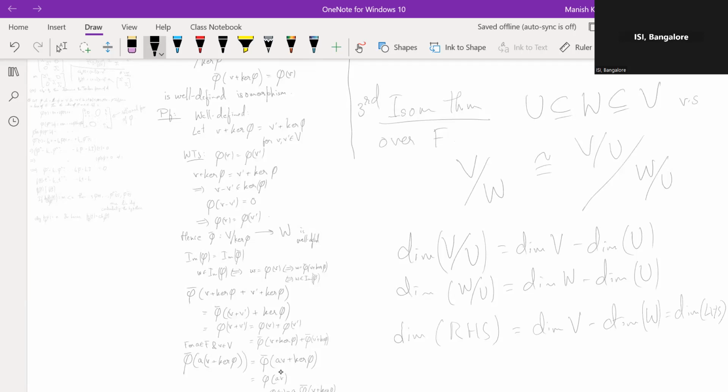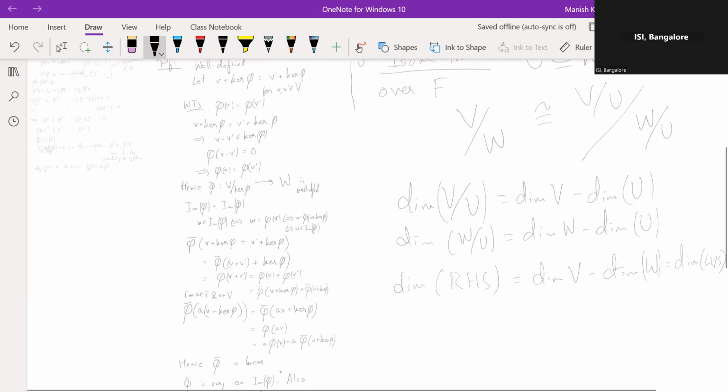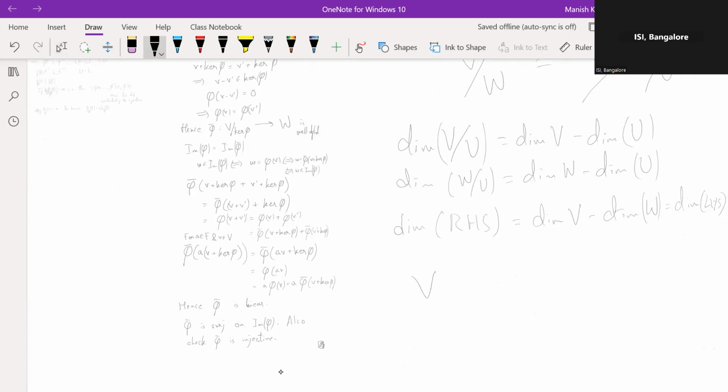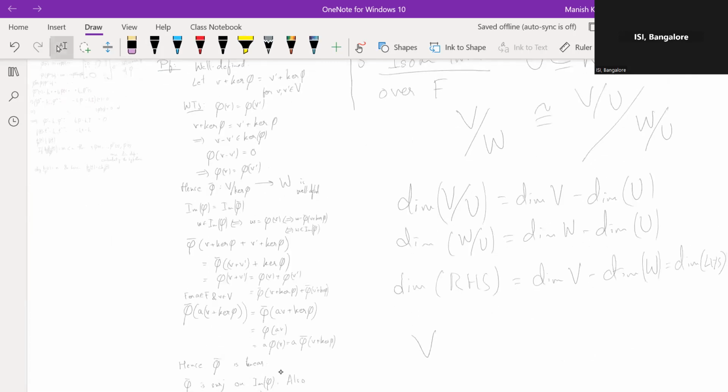Yeah. But again, the isomorphism is natural in the sense that there is a map. So let's discuss the third isomorphism theorem. We'll come to the second isomorphism theorem later. So first of all, that there exists an isomorphism is clear, but I'm not saying that.